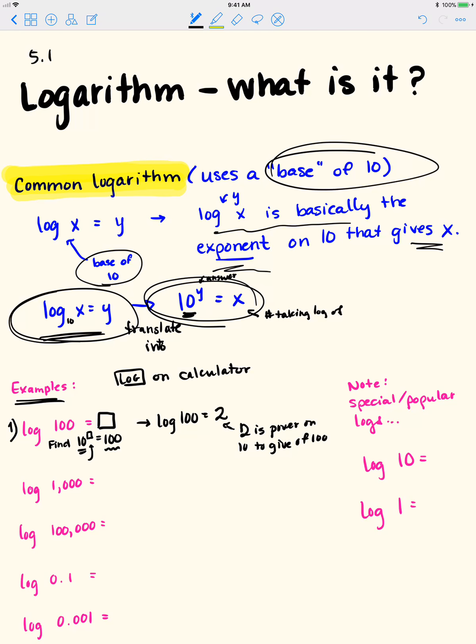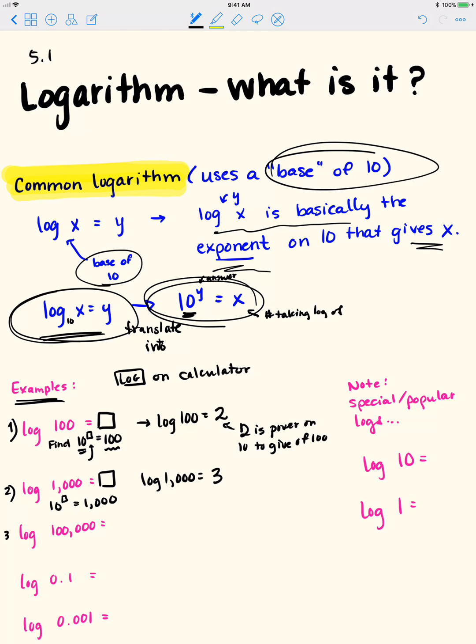Okay. Next example, log of 1,000. Same concept. It's a common logarithm with a base of 10, and you're trying to find 10 to what power would give you the 1,000 that you're taking a log of. So if you take the log of 1,000, you'll get the number 3, because again, 3 is the power on 10 that will give you the value of 1,000.